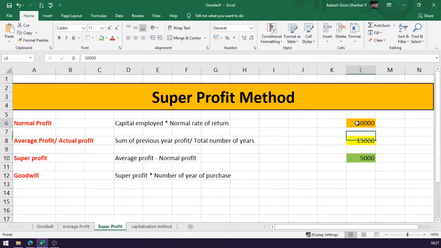The profit which is earned above the expectation is said to be the super profit. I hope this is clear.